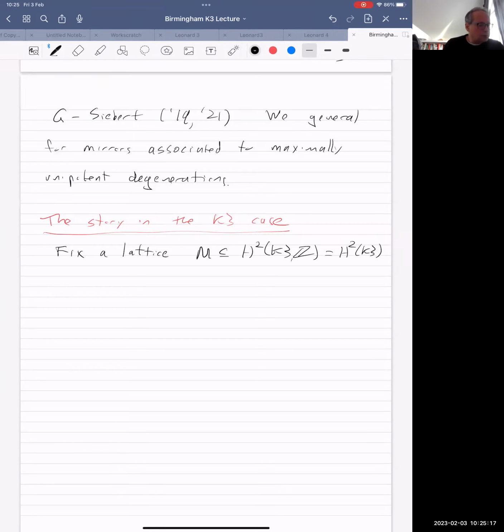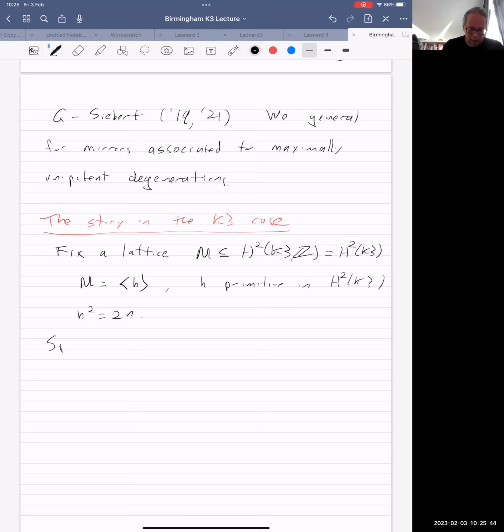And let me take a very specific one with M being generated by a single primitive element H, in H2 of K3, with H squared equals 2n. So this is a polarization. Think of this as giving a polarization for K3 surfaces of degree 2n.